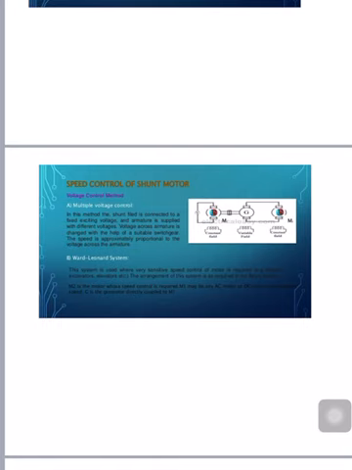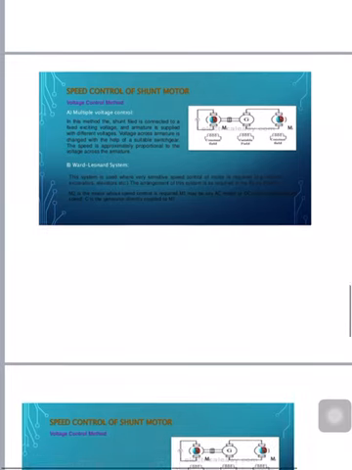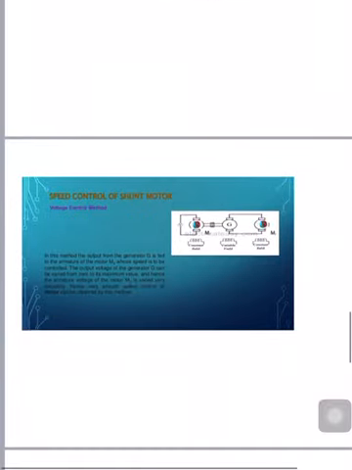Generally we can use this in colliery winders and cranes, electric excavators, mine hoists, elevators, steel rolling mills, paper machines, diesel locomotives, etc. We can go for this Ward-Leonard speed control method. So this is about the Ward-Leonard method of speed control.